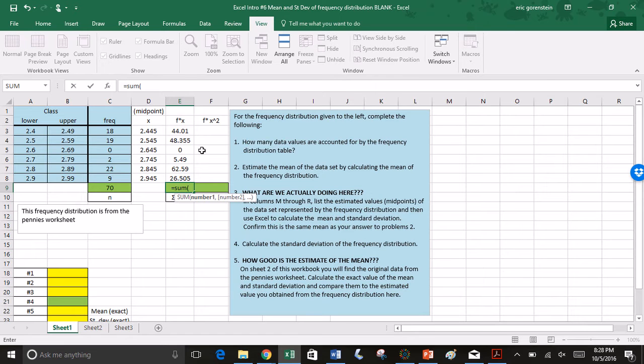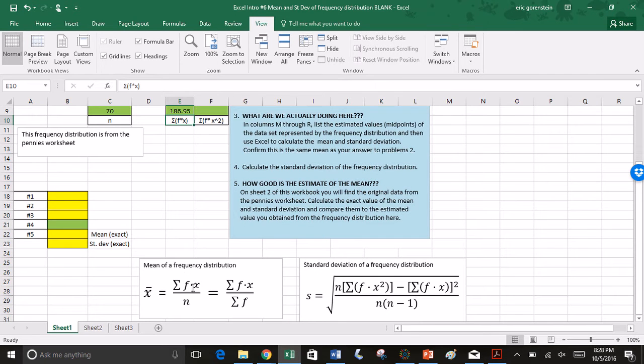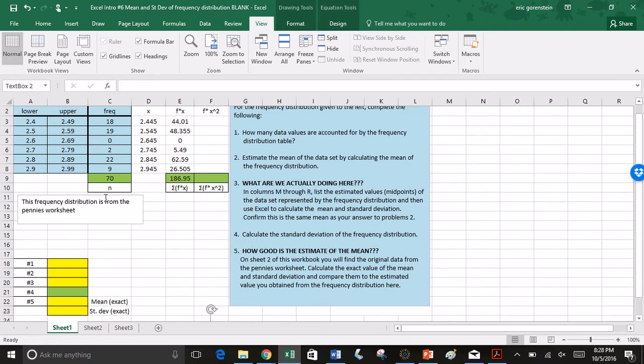So equals the sum of all of these numbers. And so this formula is saying take the sum of f times x, that's this 186.95, divided by n, which is the 70. And that should be the mean of the distribution.